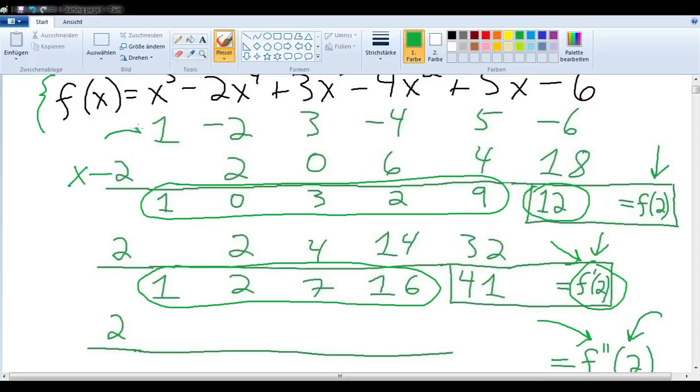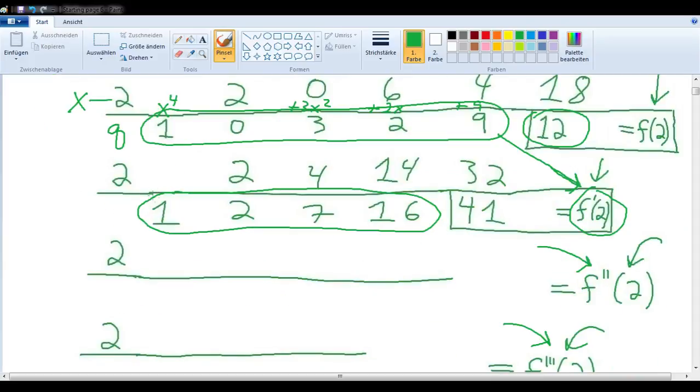This was our polynomial, and this was our quotient. So that would stand for x to the fourth plus 3x squared plus 2x plus 9, right? And we called that q. So we used q to find f prime of 2.